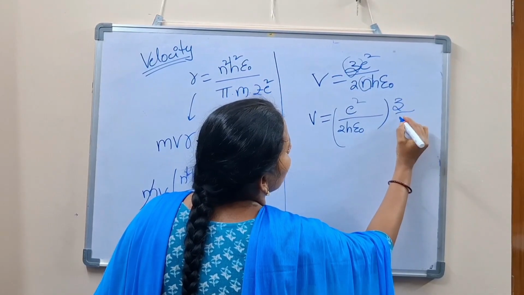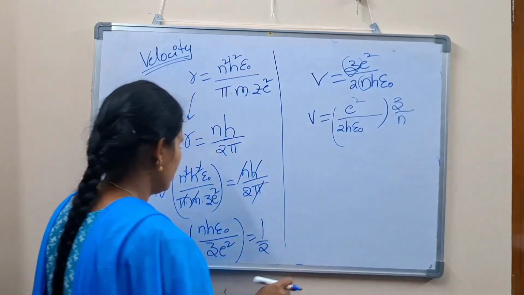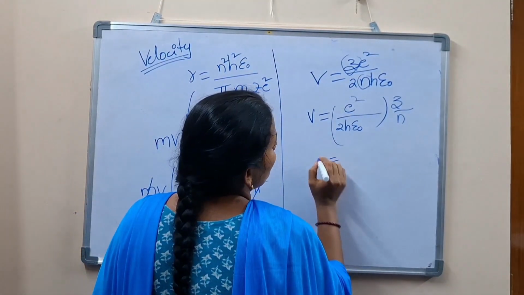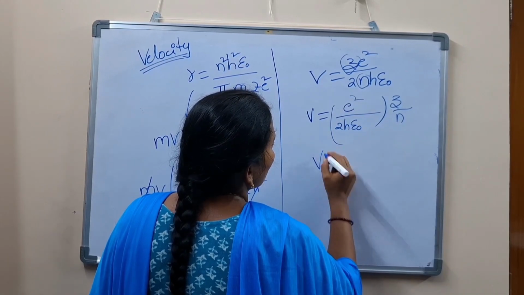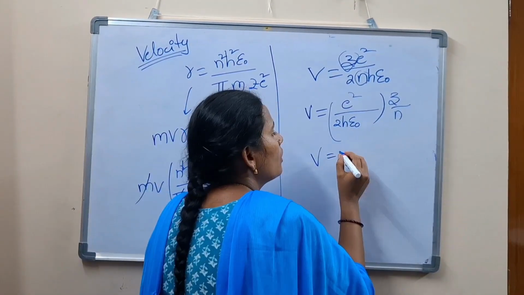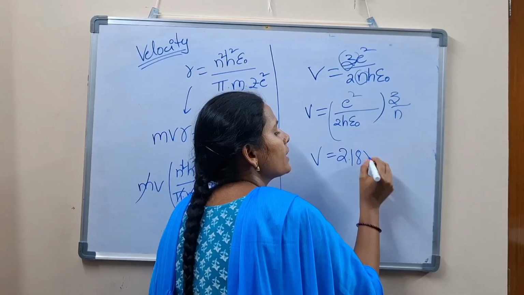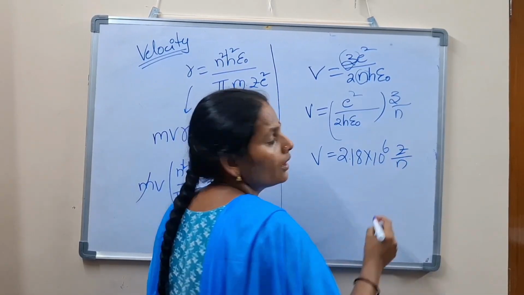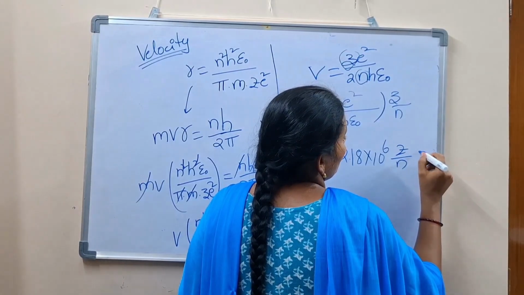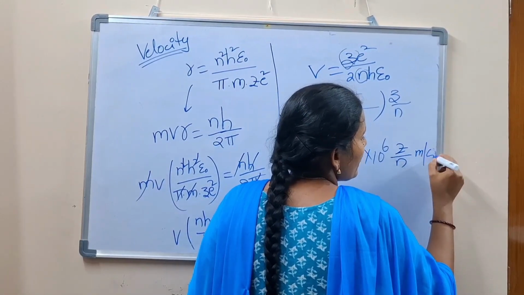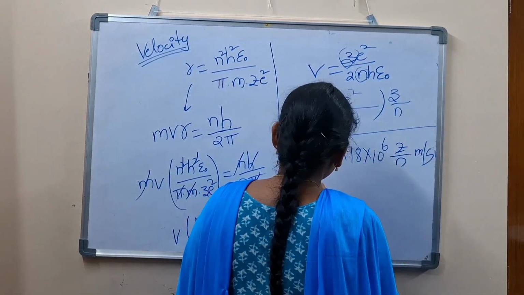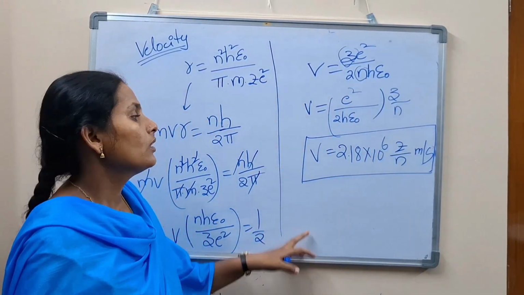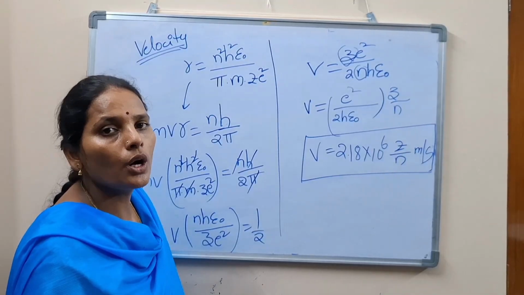Calculating all the values, we get 2.186 into 10 power 6 Z by n meter per second. This is the velocity for finding the electron velocity in a Bohr orbit.